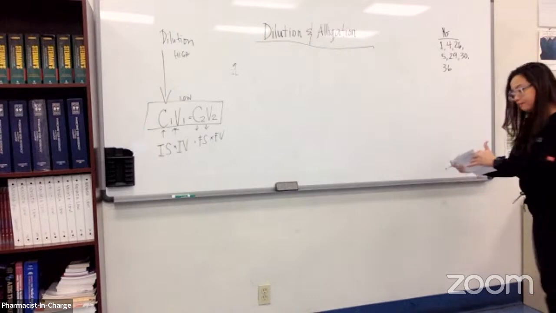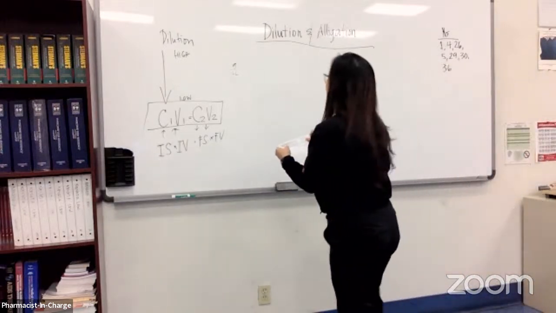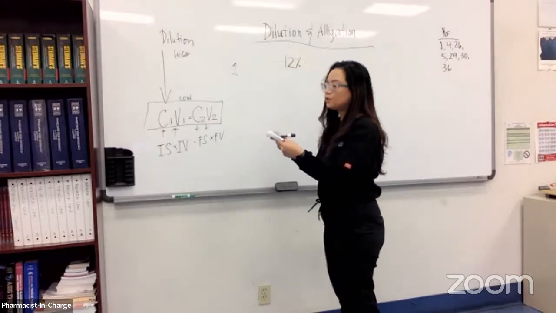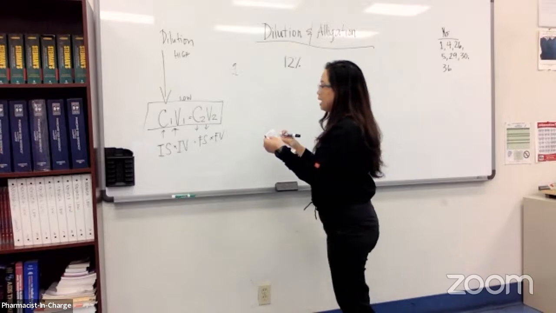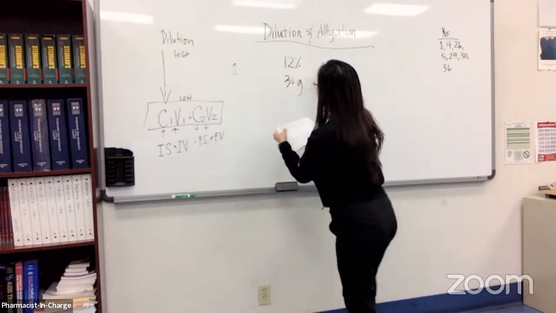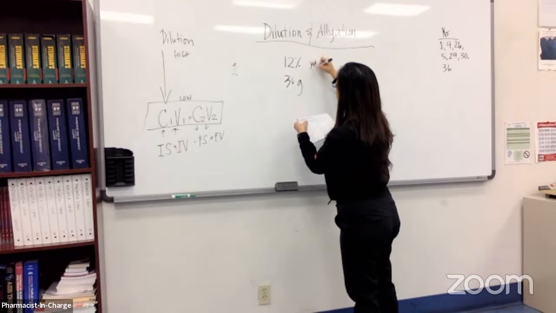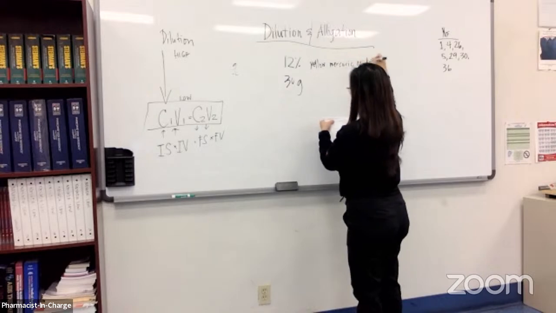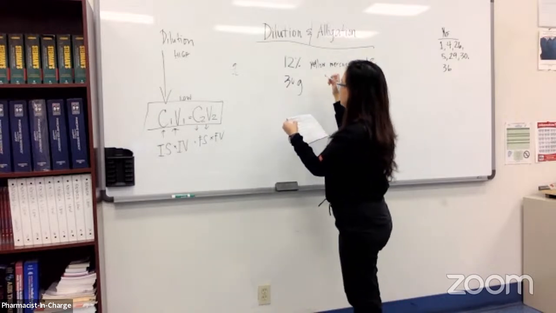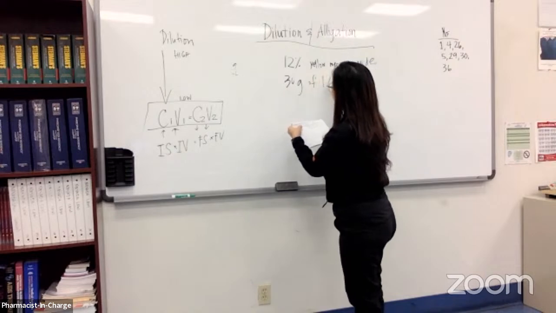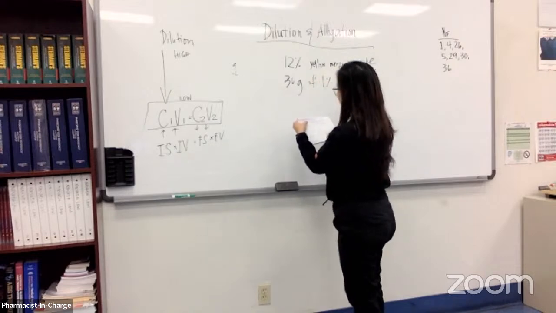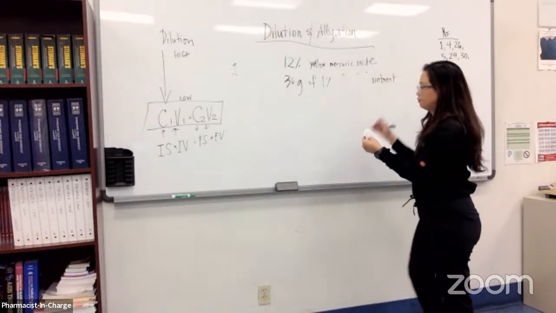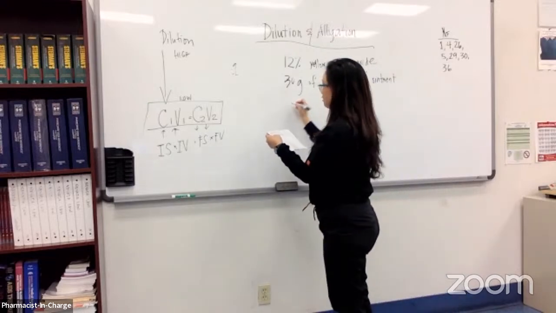Okay. Number 4, how many grams of 12% yellow mercuric oxide must be added to 30 grams of 1% yellow mercuric oxide ointment to prepare a 5% ointment?